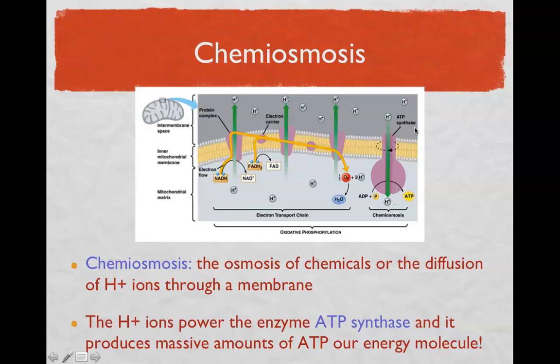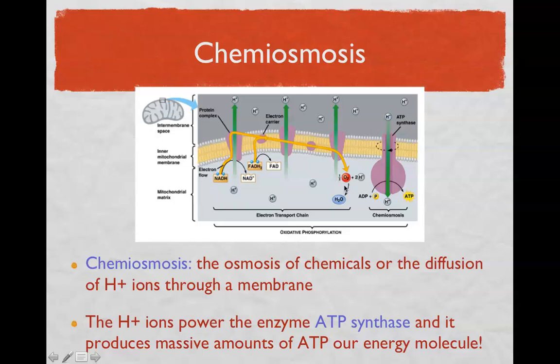Remember, -ase tells me it's an enzyme. And this ATP synthase is really the major enzyme sitting in your mitochondrial inner membrane that works for chemiosmosis, which is the second half of oxidative phosphorylation. And here's where oxygen's needed.